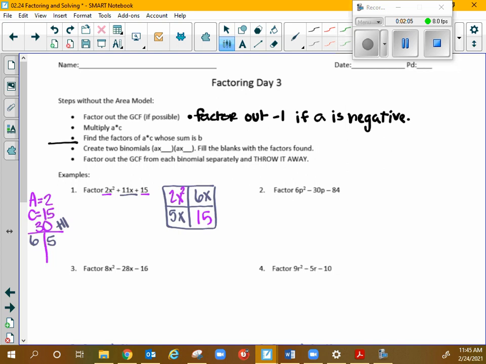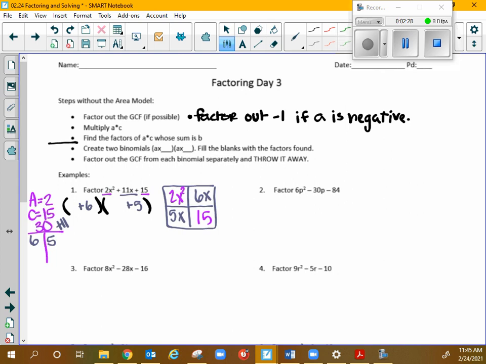When you are solving without the area model, you go straight into your two factors. You take the two values that you just found and put them into your factors. But we know immediately 6 times 5 is not 15, so that's not going to be my last step.